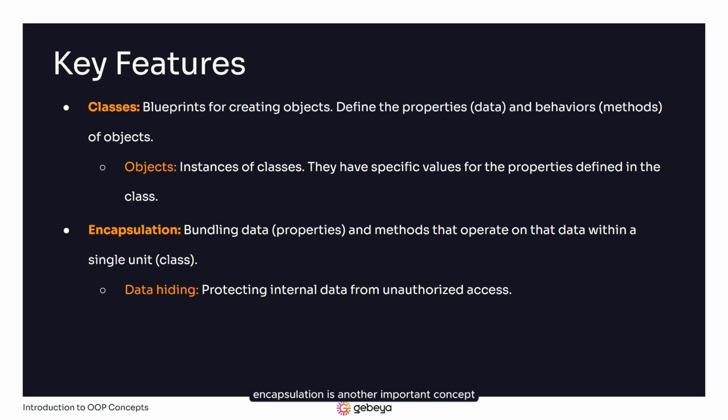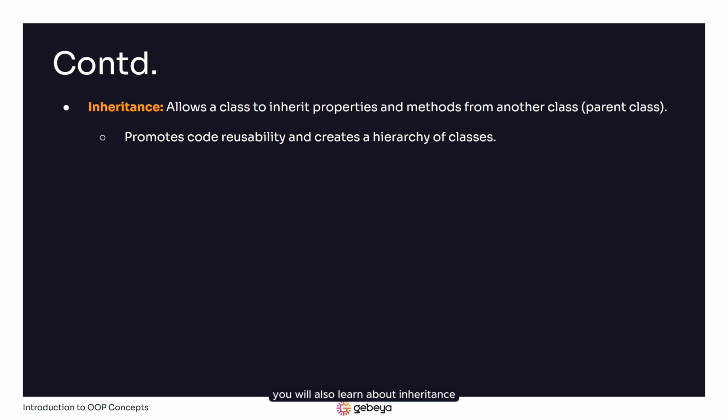Encapsulation is another important concept, which means bundling the data and the methods that operate on that data within a single unit, the class. This also introduces the idea of data hiding, which protects the internal state of an object from unauthorized access. You will also learn about inheritance, which allows a class to inherit properties and methods from another class known as the parent class.